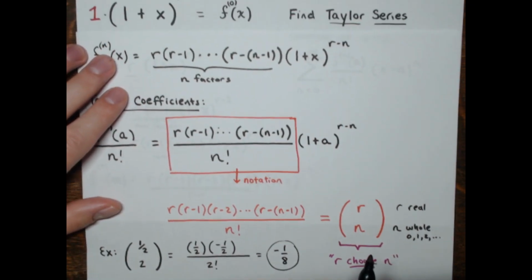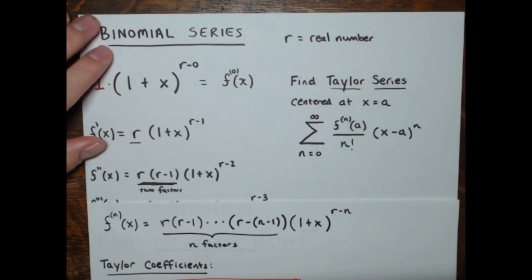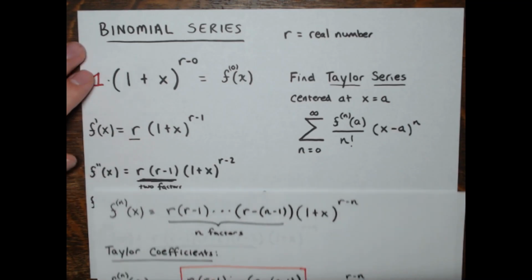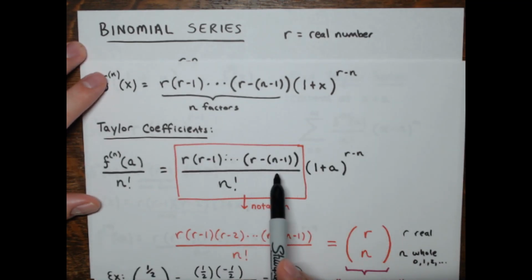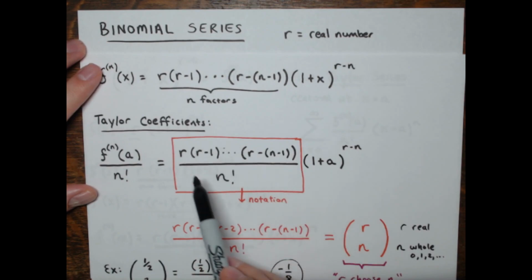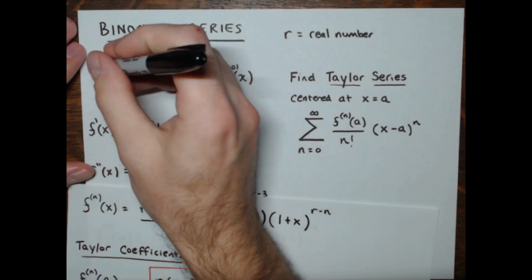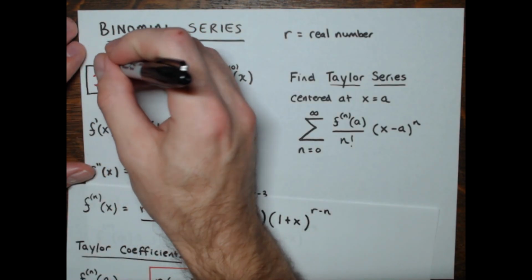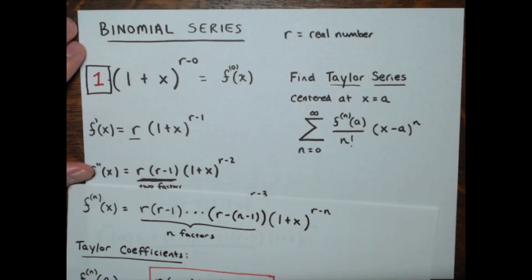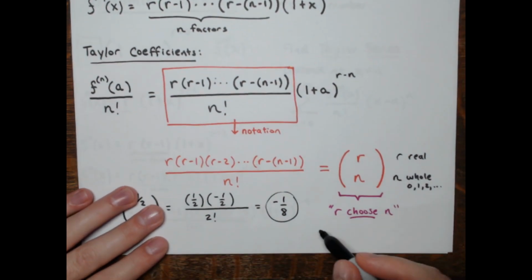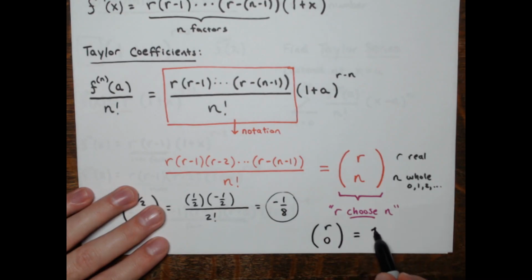Going back to the derivatives of this function and looking at the coefficients, this r choose n expression is the coefficient on the power of 1 plus x, or 1 plus a. Remember, my initial coefficient was 1 on the 0th derivative. When n is 0, r choose 0 is always going to be 1.